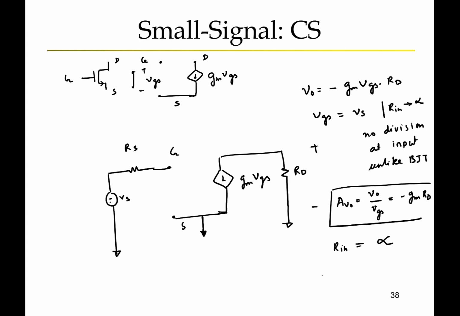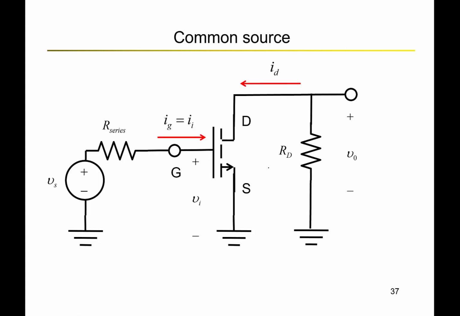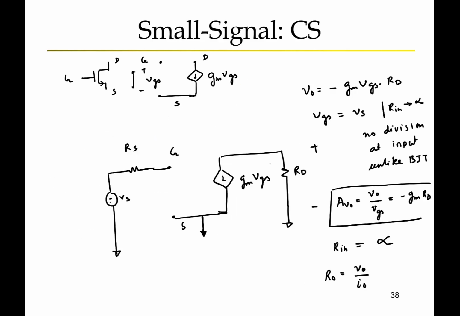and Rout, which should be V out by I out. And note that I out is defined as the current that is coming out of the amplifier, and IC is the current this way, so I out is minus IC, and V out is the voltage across RD.